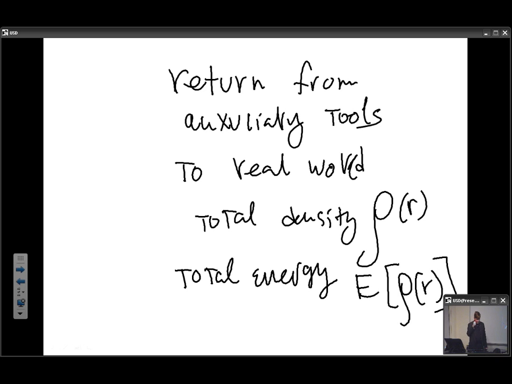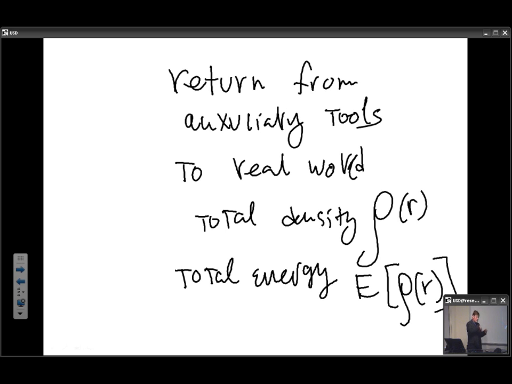I suggest that we stop here, but for our next meeting, we'll see that those two things, which I should point to on the screen, help us to find the potential and to find the orbitals. And orbitals, in their turn, allow us to find those two things. And we can go in a loop.